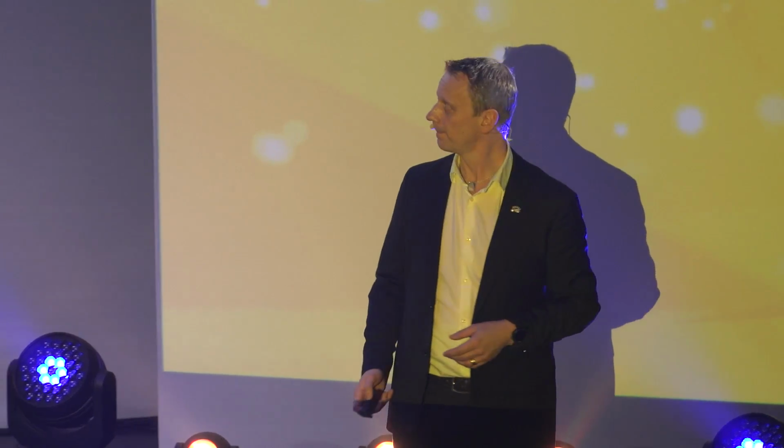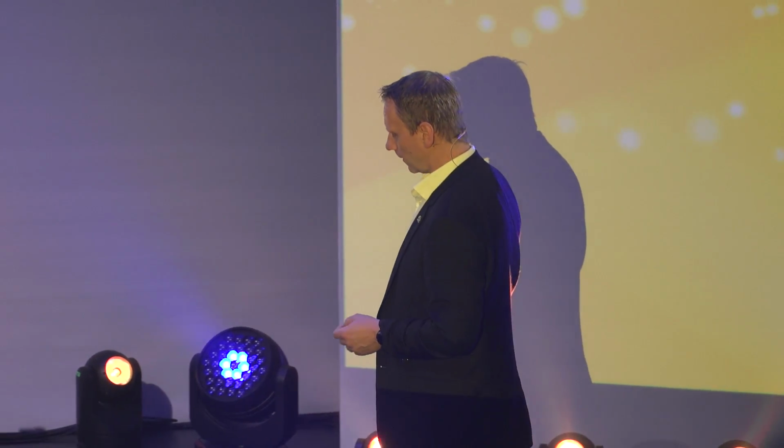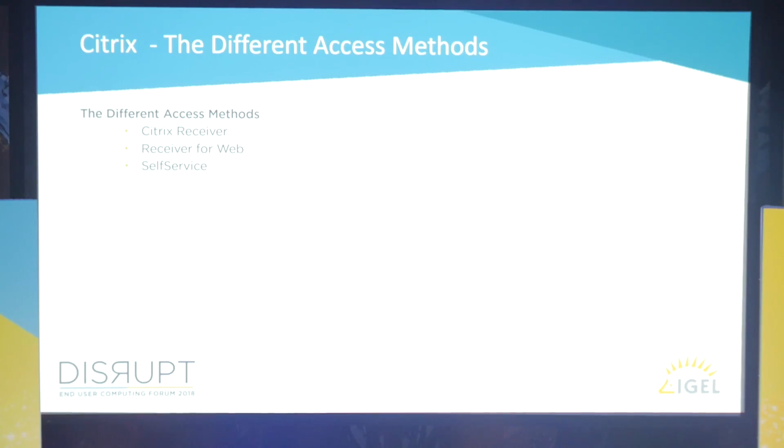We have the receiver for web. It's the web version of the storefront. You connect to the receiver for web website and enter your credentials. We are using Firefox in our devices, so you just create a browser session and enter the storefront address. We have the mode self-service, which is kind of using the receiver, but it will wrap the icons in a window, which is quite good looking.